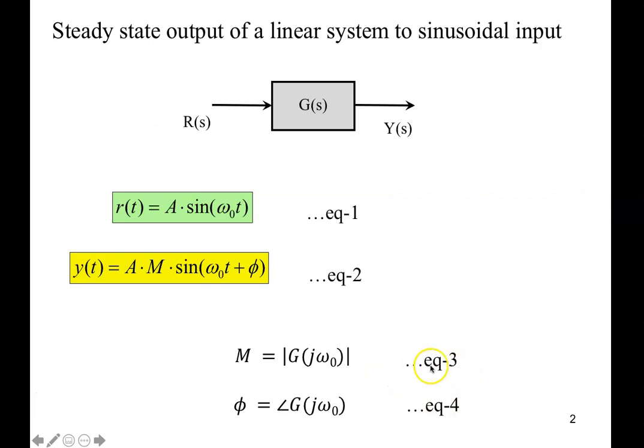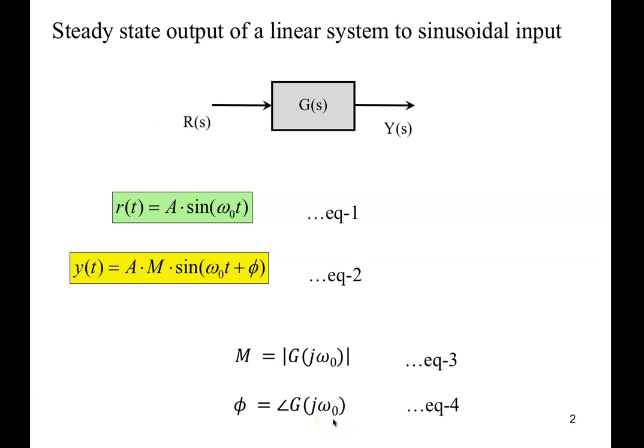Equation 3 says that to work out the magnitude, I replace all the s's in the transfer function by j omega naught. And equation 4 says that if I want to find the phase angle phi, then I need to work out the phase angle of that complex number, G(j omega naught).